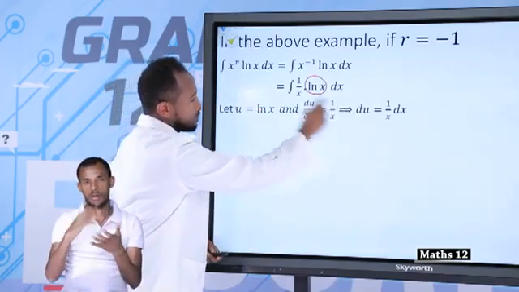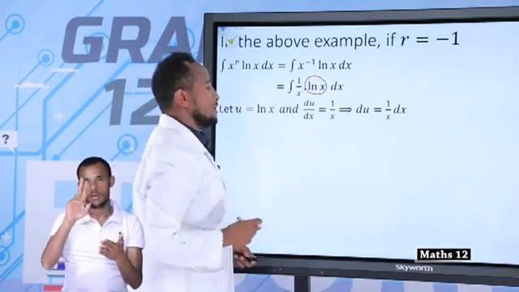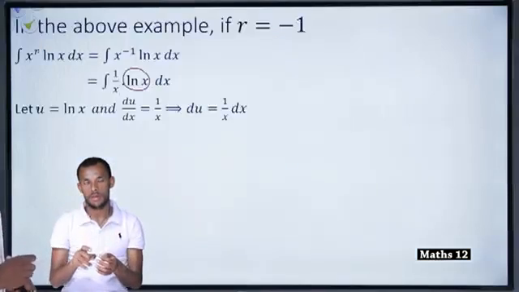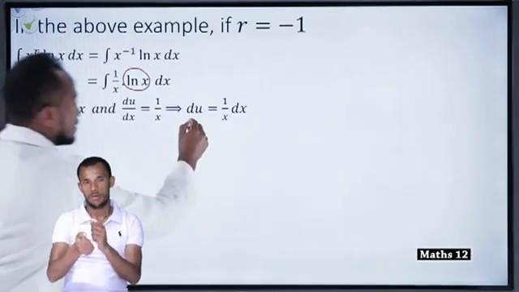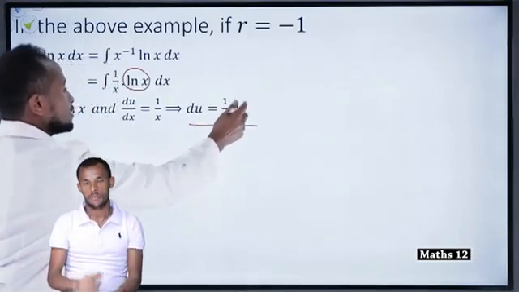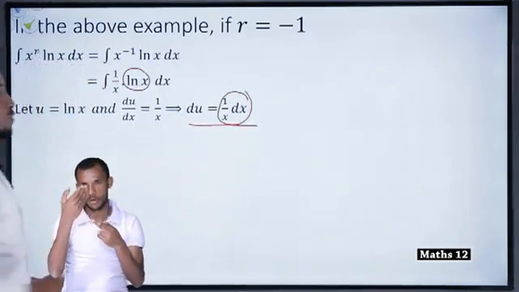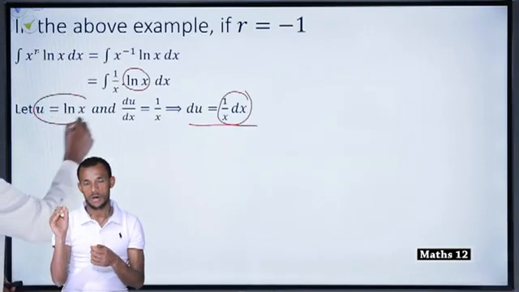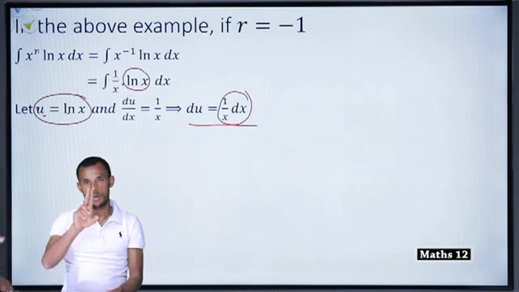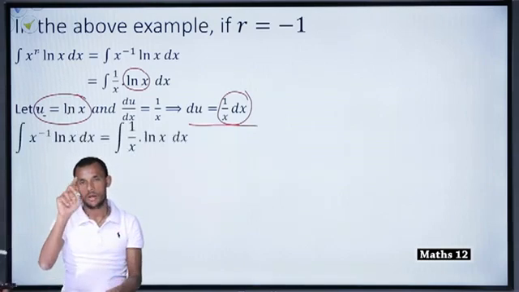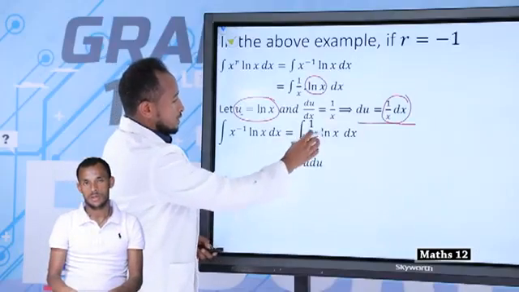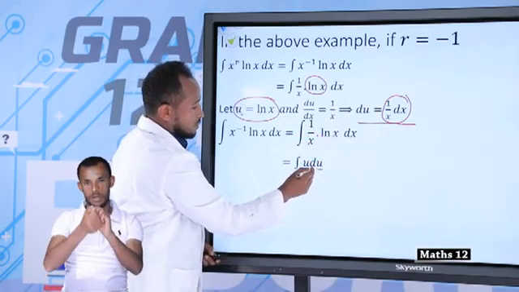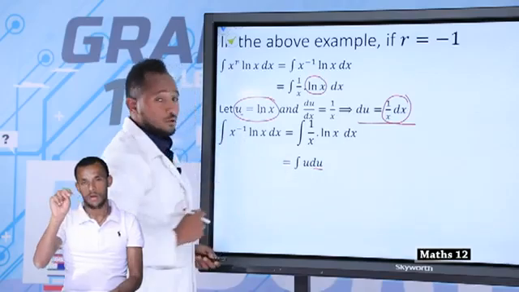So taking dx there, du will be 1 over x times dx. So substituting du in place of 1 over x dx and u in place of ln x, you'll have this one.